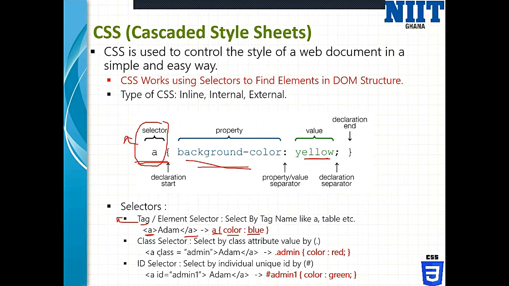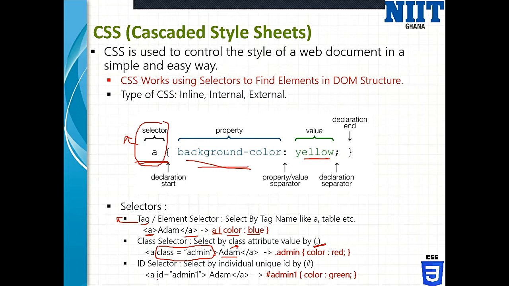In this case, you can see the class of admin is used to represent the admin hyperlink. We used a dot notation to specify this element, which is an A, and which has a class of admin. The property color red will make this text red.